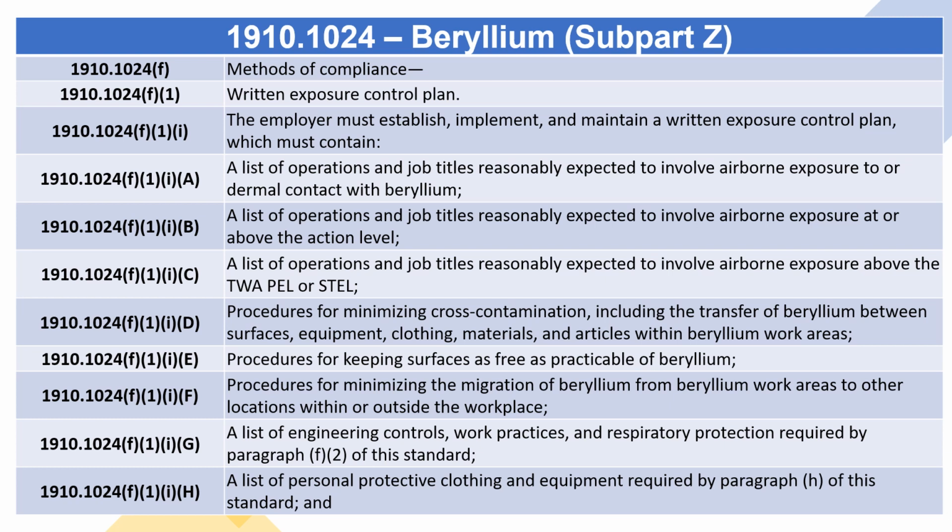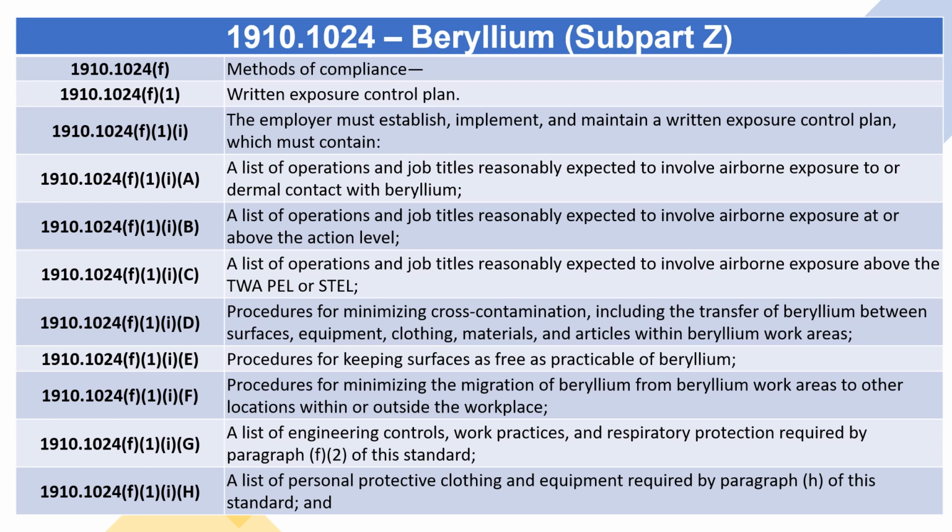Procedures for minimizing cross-contamination, including the transfer of beryllium between surfaces, equipment, clothing, materials, and articles within beryllium work areas. Procedures for keeping surfaces as free as practicable of beryllium. Procedures for minimizing the migration of beryllium from beryllium work areas to other locations within or outside the workplace. A list of engineering controls, work practices, and respiratory protection required by paragraph F2 of this standard.